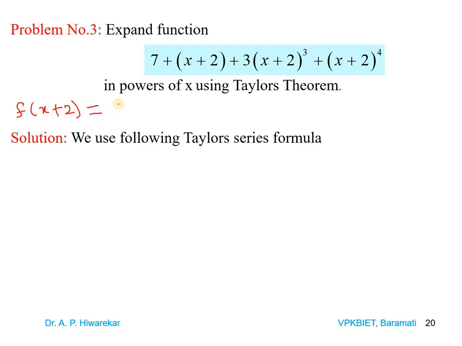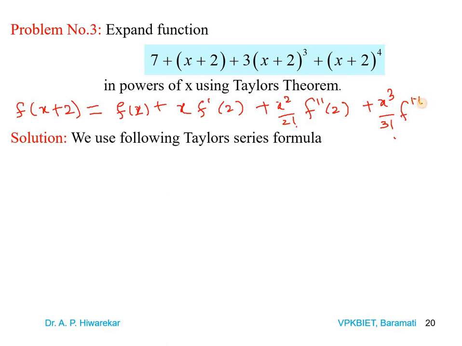Taking h as 2, we can write it as f of 2 plus x into f dash of 2 plus x square divided by 2 factorial into f double dash of 2 plus x cube divided by 3 factorial into f triple dash of 2, and so on. So that is a very simple formula that we need to apply.